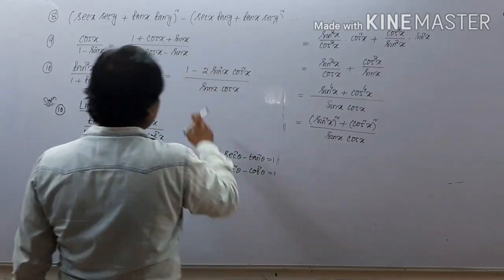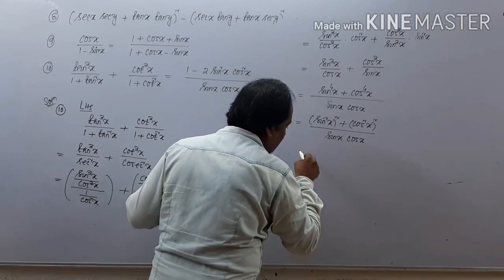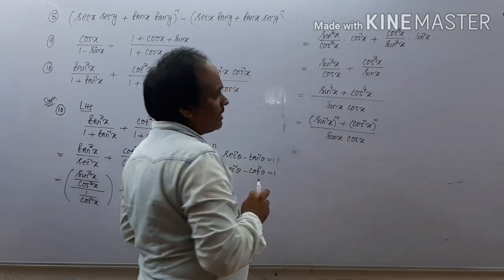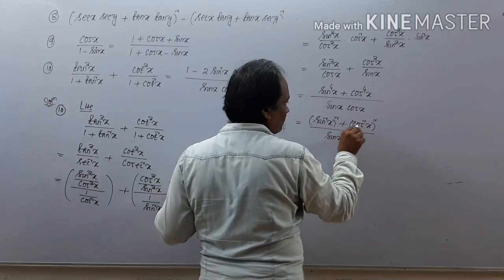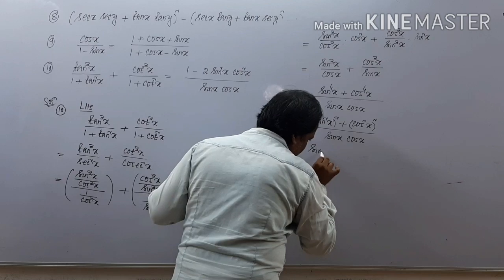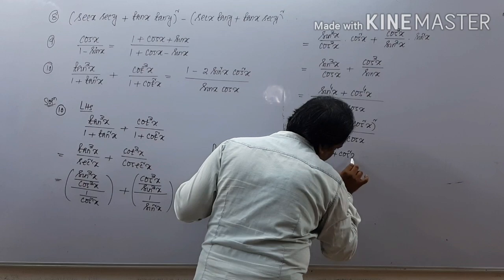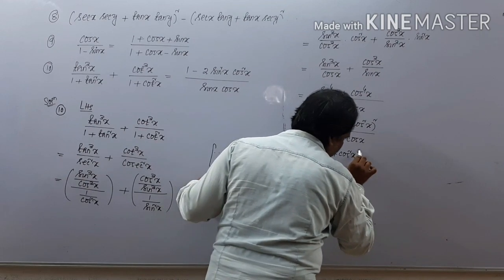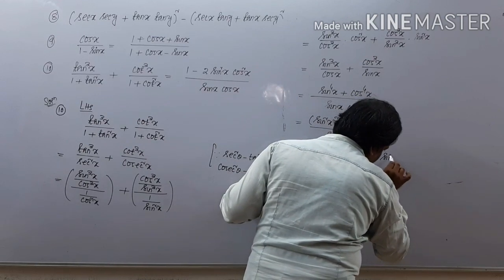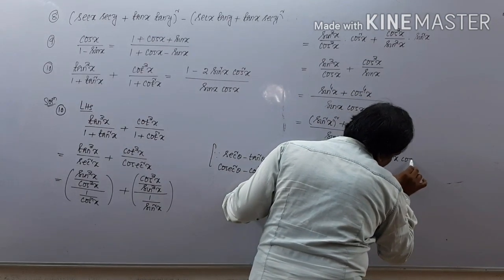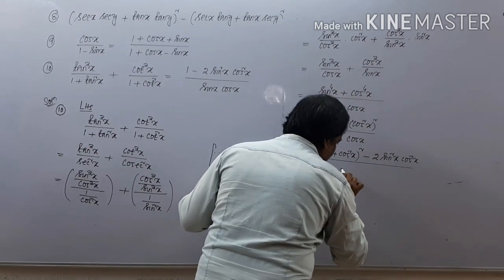Here we have to apply the a square plus b square formula. So what is our requirement? 1 minus 2 sin square x into cos square x. So we have the formula a square plus b square is equal to a plus b whole square minus 2ab. So clearly what is a? A is sin square x, b is cos square x, right? So sin square x plus cos square x whole square, that is a plus b whole square, minus 2ab, that is 2 sin square x into cos square x, right? Divided by sin x into cos x.